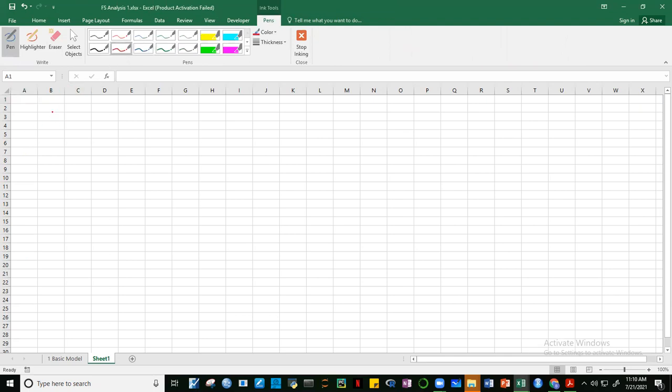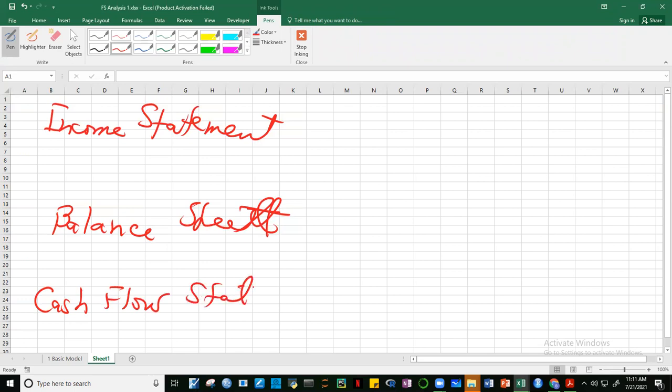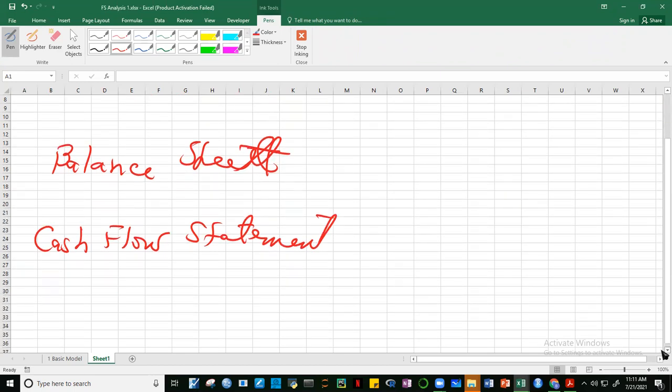We have the income statement. Then you have the balance sheet. Then you have the cash flow statement. Then you have statement of changes in owner's equity. That's correct.